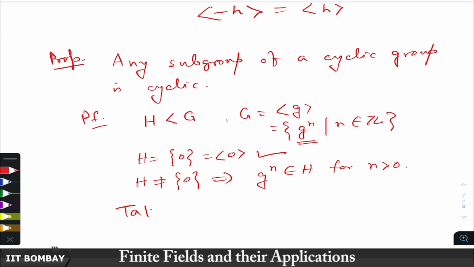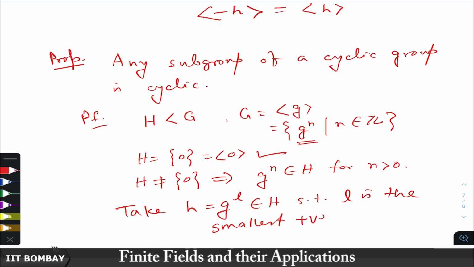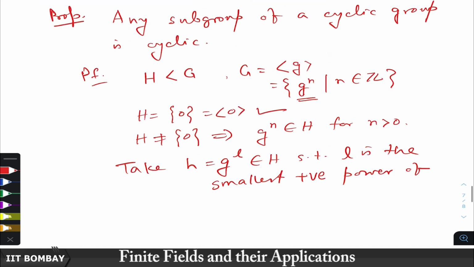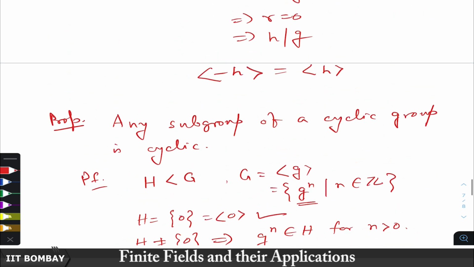So, take h to be g power L, let us say, in H, such that L is the smallest positive power of g in H. Then the proof proceeds as before.